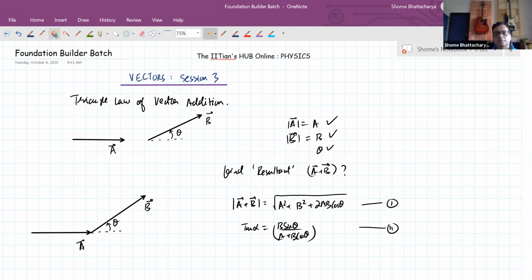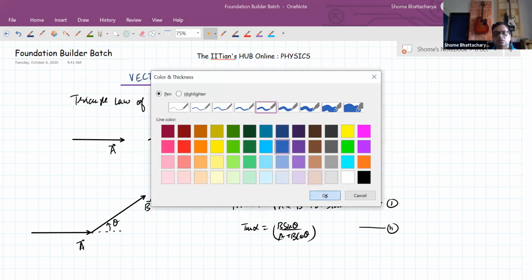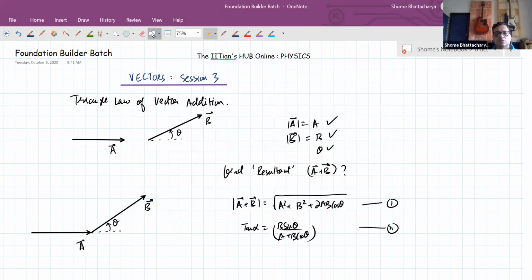In this diagram, the resultant of the two vectors, or the sum, becomes this thing over here. This becomes the resultant sum A plus B, and this becomes the angle it is making with the vector A. So the magnitude of the resultant and the angle it is making are given by these two formulae. This is what we discussed in the last lecture, just a quick recap. Now today we'll discuss several types of applications of this which are going to be important.